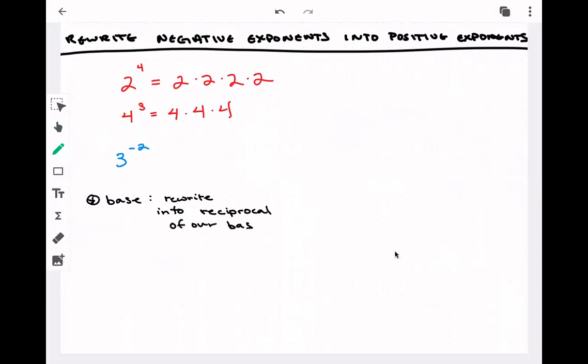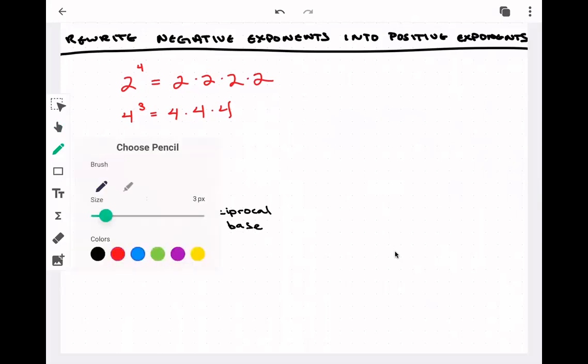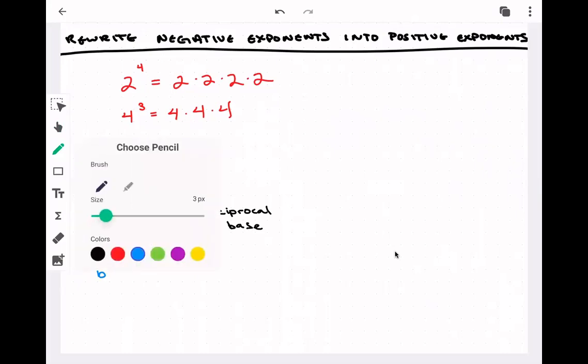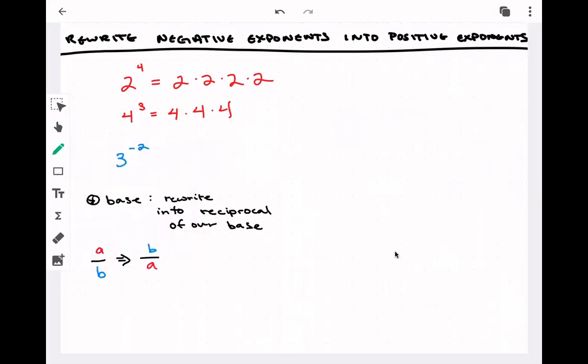So quick review on what that looks like: if we have the form A over B and we're rewriting the reciprocal, we're flipping where our A and our B position are. So we would have now instead B over A, and that would be the reciprocal.